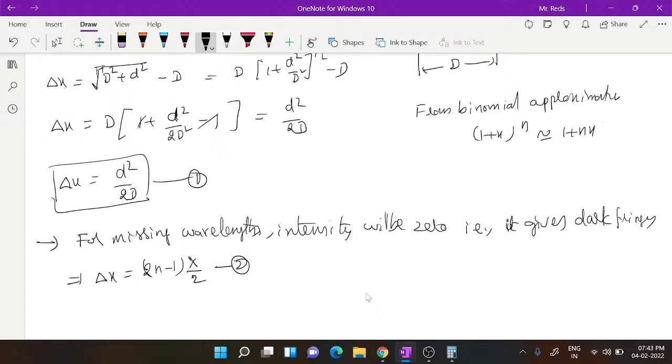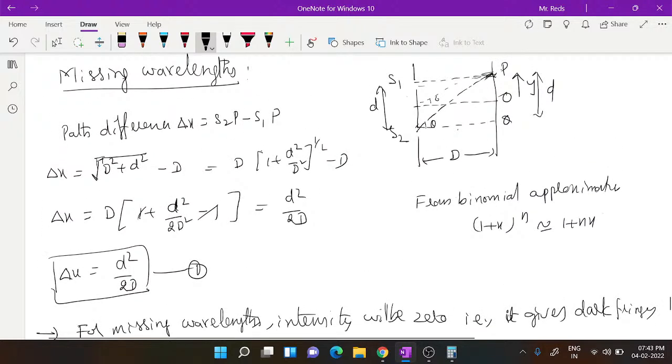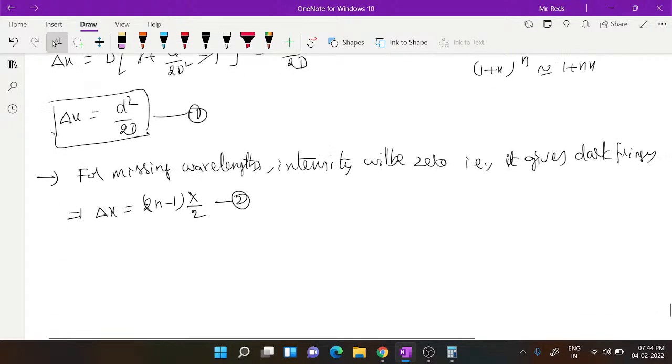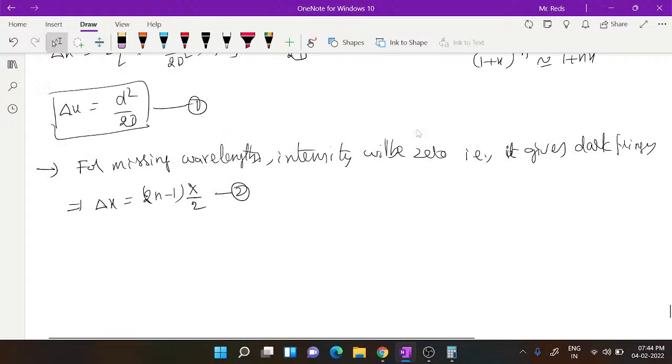So to find the missing wavelengths, you have to equate the path difference obtained in this case with the destructive interference path difference. So we equate 1 and 2, and we get d square by 2d equal to 2n minus 1 into lambda by 2.